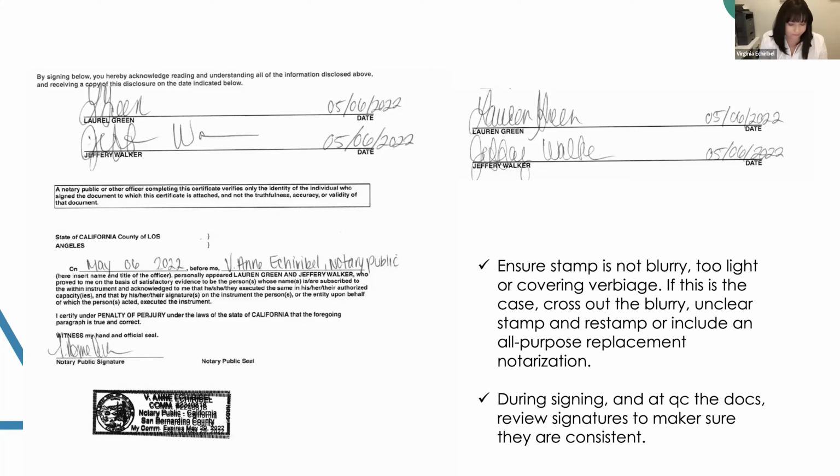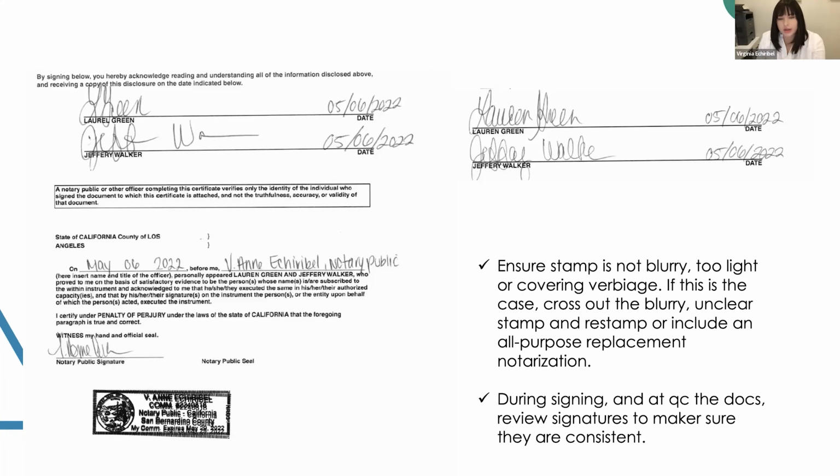Type in, say you're in Michigan, all-purpose acknowledgement or all-purpose jurat. Print, I don't know, 20 of those, each of them, put them in your notary bag. That way, if this happens and you want it to look really nice, you just refill in this form, you put it right behind the signature page or the notarization.